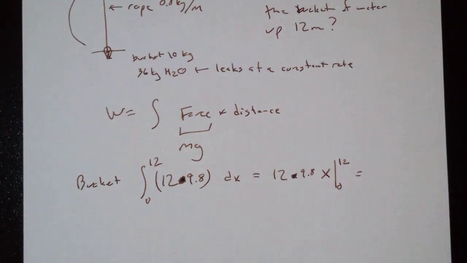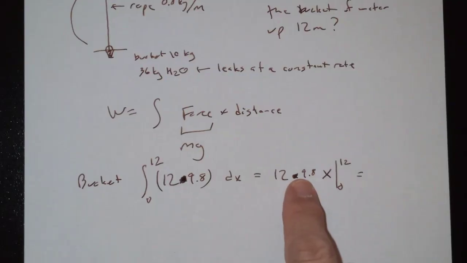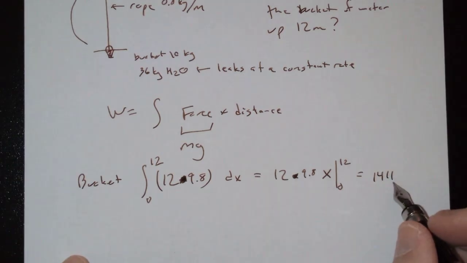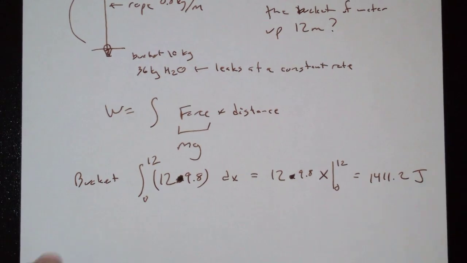Somebody grab a calculator, tell me what that is. Say again? That's the 12 times the 9.8, right? But now I'm going to multiply by another 12. 1,411.2. And that's in joules, because we're in metric here. Kilograms, meters squared per second squared.